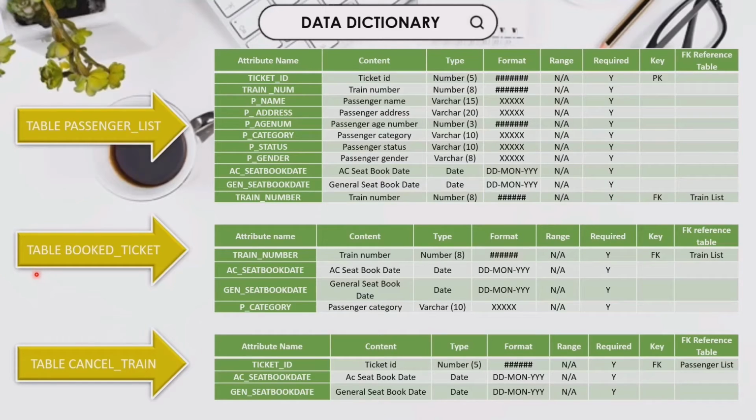Next is the table book ticket, which consists of 4 attributes and contains a foreign key, which is train number, from the table train list. And the last one is the table cancel train, which consists of 3 attributes and contains a foreign key, that is ticket ID, from the passenger list table.